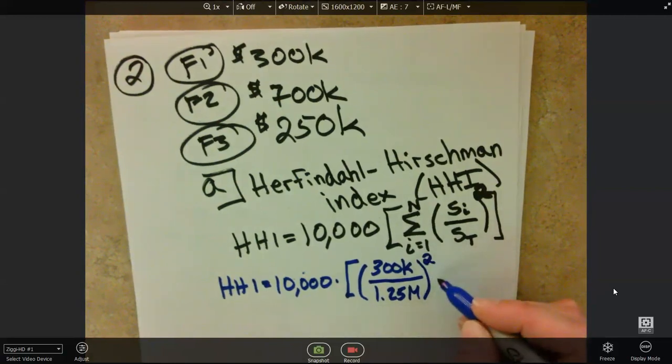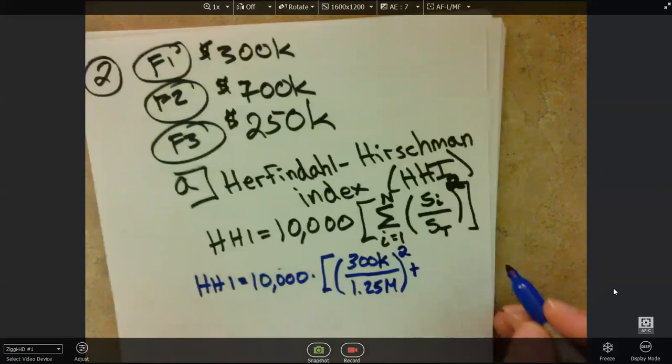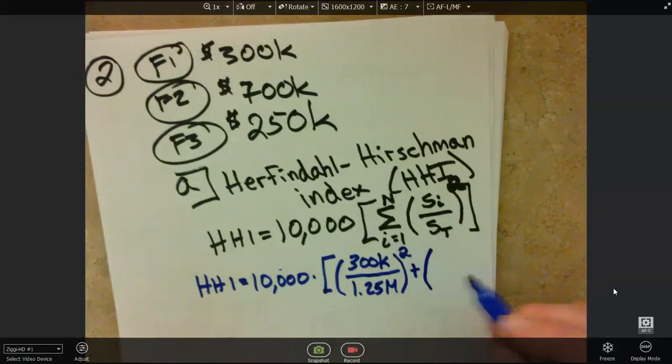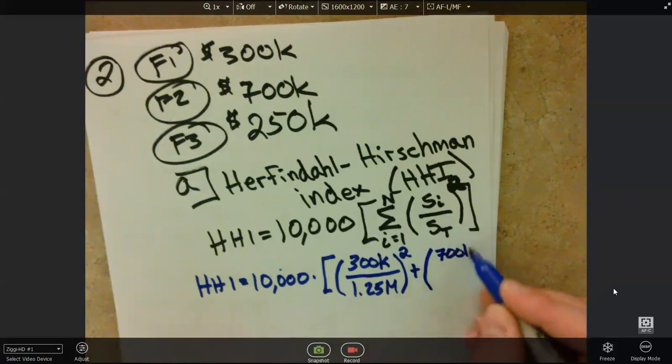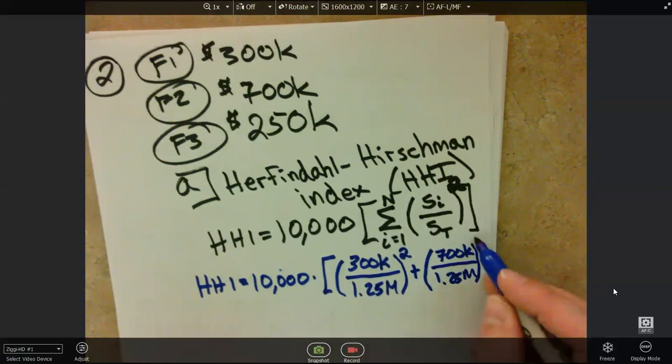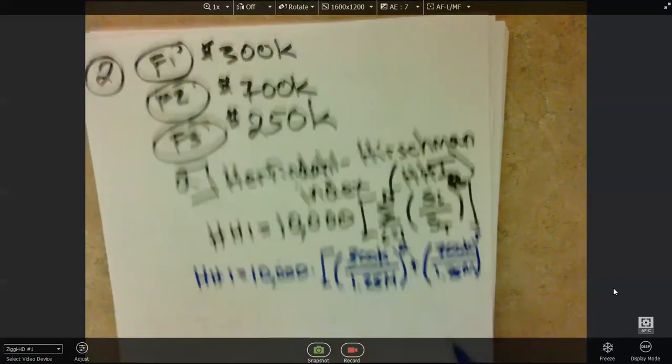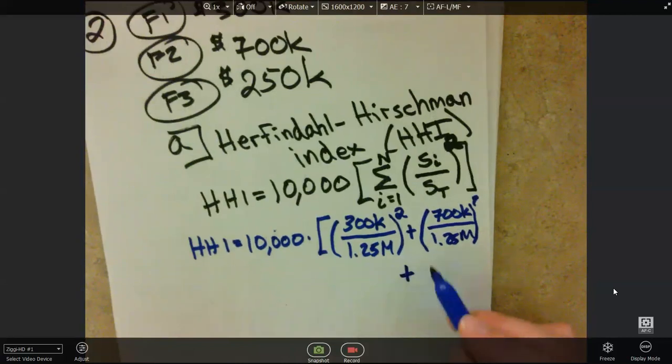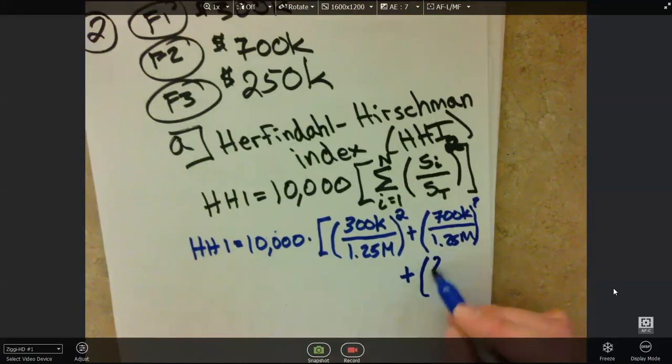Can't forget to square it. That's a big no-no. All right. Then we're going to add the second concentration ratio squared. So this is going to be 700K over 1.25 million, squared. And then we're going to add the last one down here, plus 250 over 1.25 million, squared.